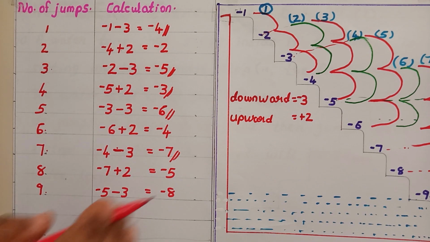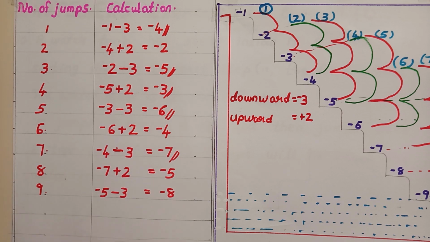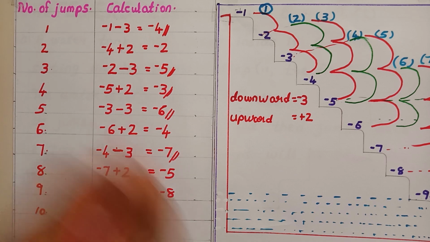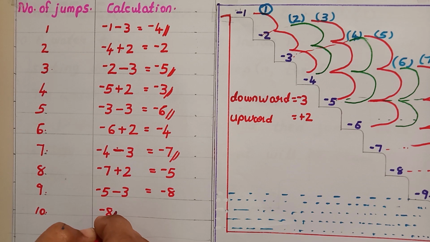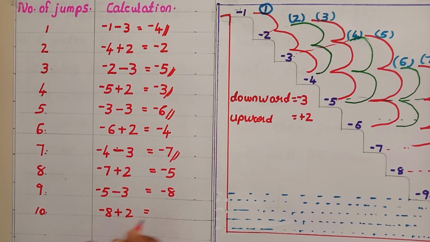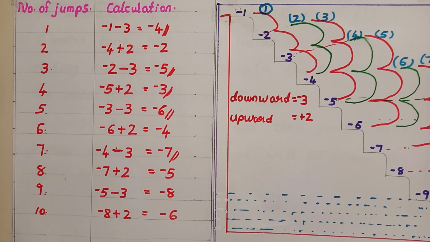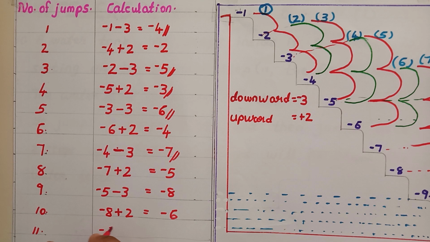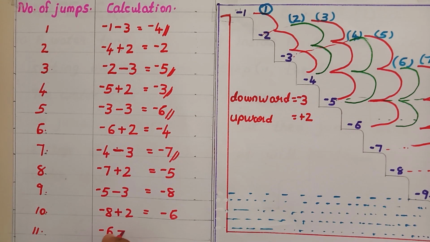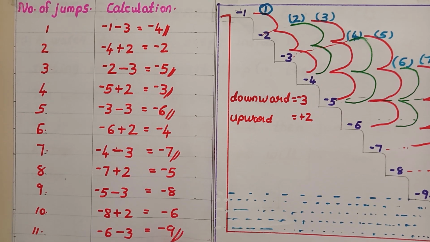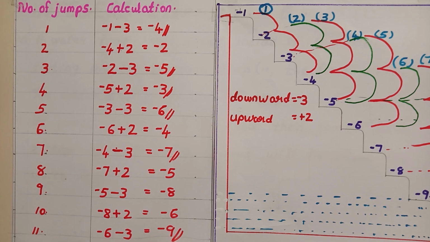Now he is at minus 8. That was a downward jump, so the 10th jump should be upward. Minus 8 plus 2 equals minus 6. Then the 11th jump, from minus 6, should be a downward jump, minus 3, equals minus 9. See, minus 9 is our water level.